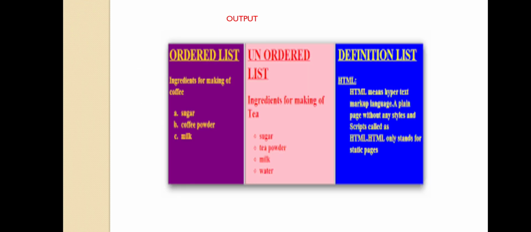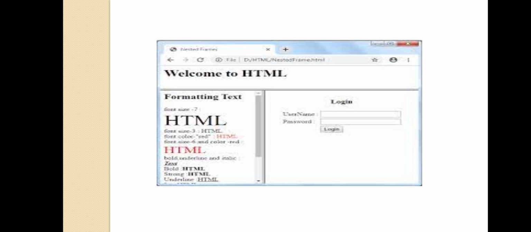This is the output of the previous program. The web page is divided into three columns. In the three columns, separate files are displayed. Another example is where the web page is divided into two rows, and the second row is again divided into two columns.